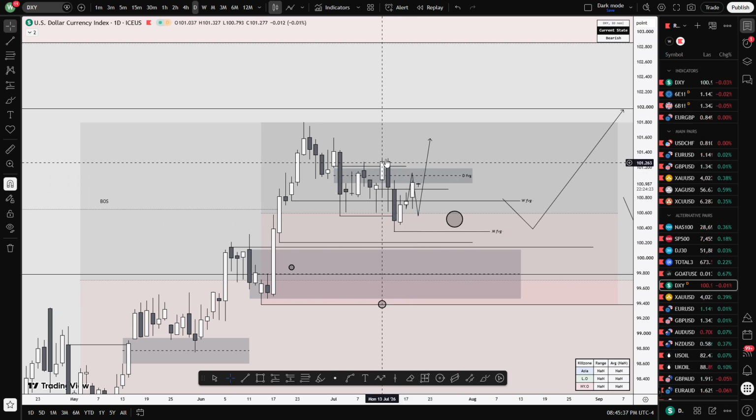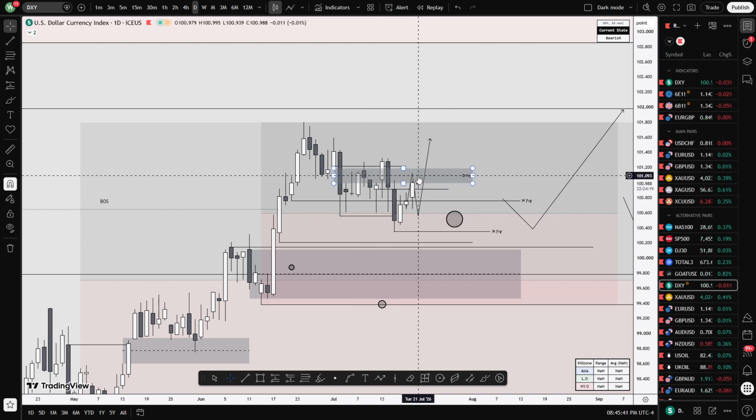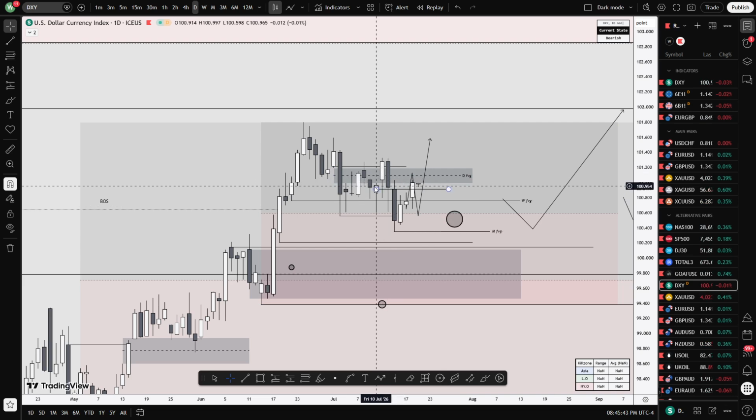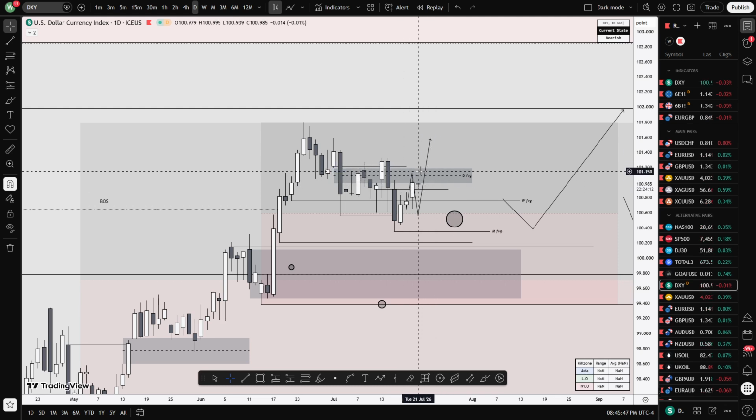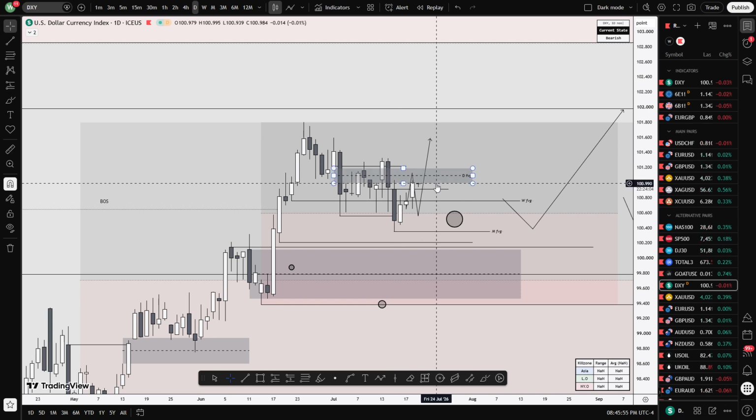So we have another block here that needs to be broken. Right now, price is trading inside that other block. So if we're going to go down, we're going to go down from this other block. If we're going to go up, we have to invalidate this other block and close above it, right? And then wait for a pullback to then get in and then continue higher, right?